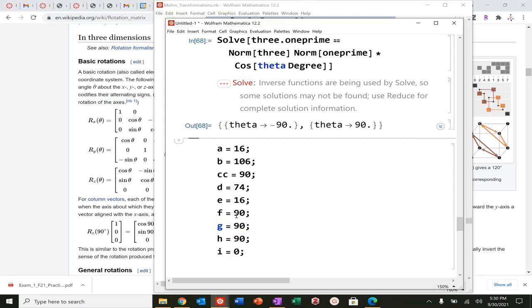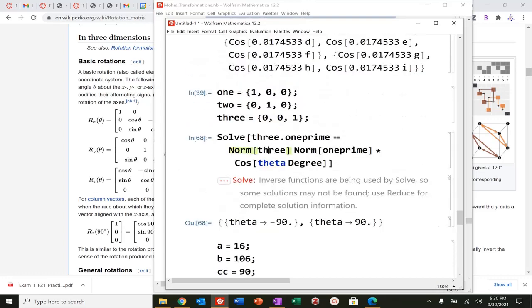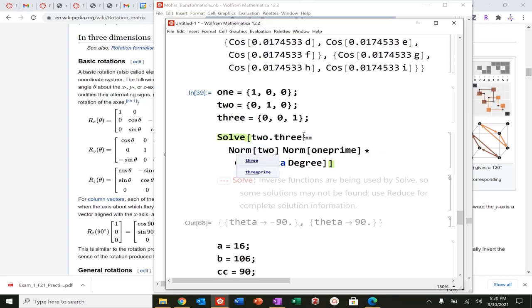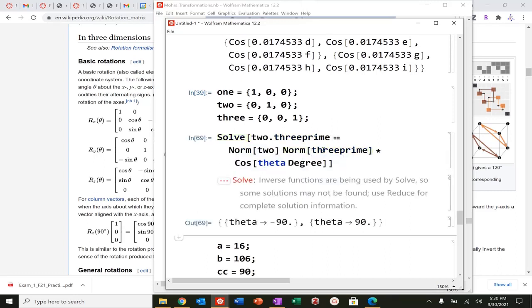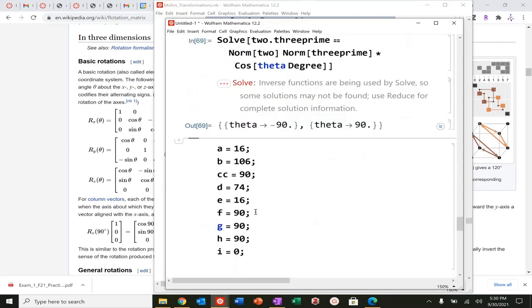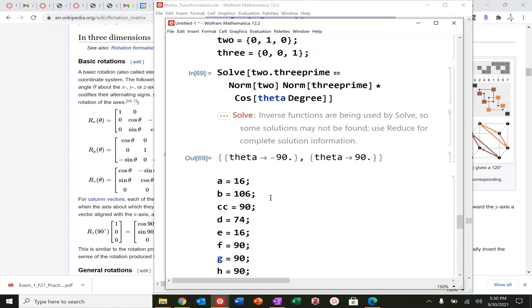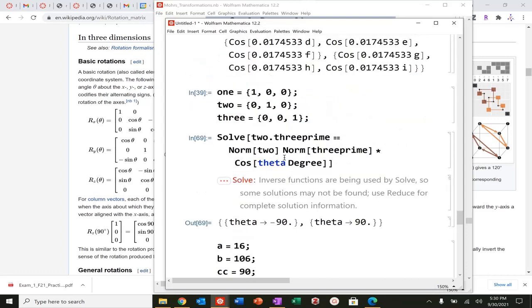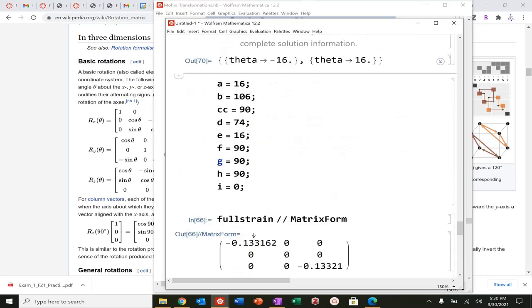F is between 2 and 3 prime. So this should be F, and F was 90, good. I think we figured that out, but let's double check with one more. E should be between 2 and 2 prime. 16, okay, we got it.